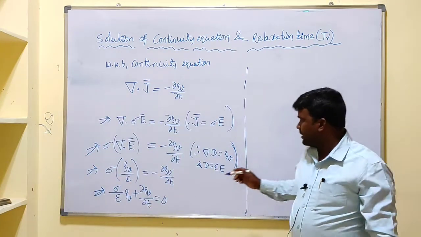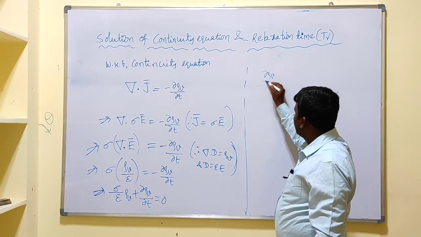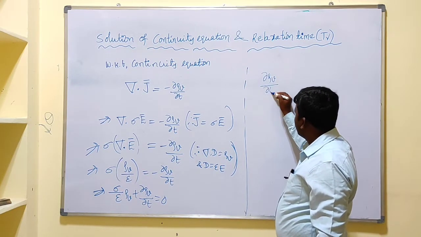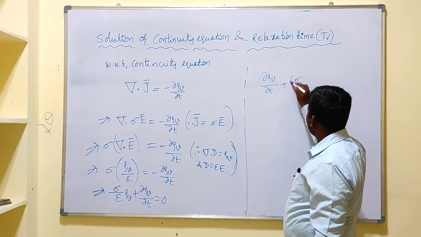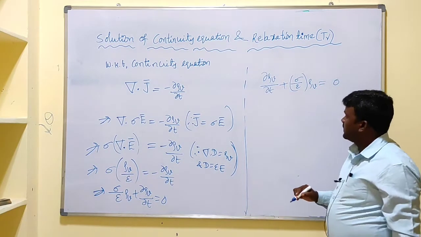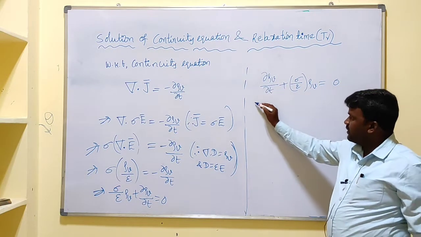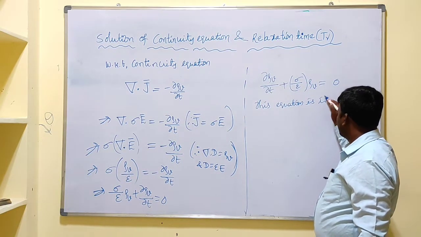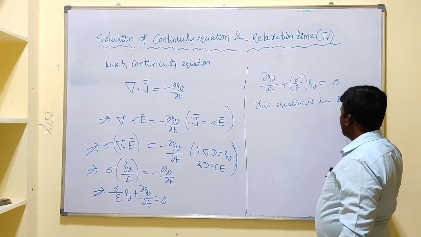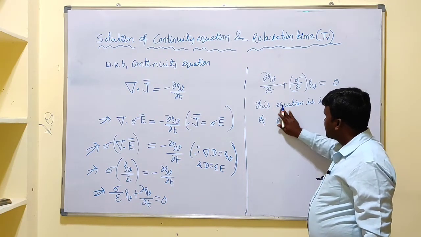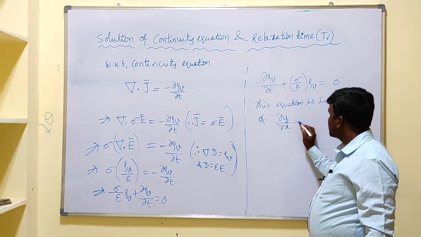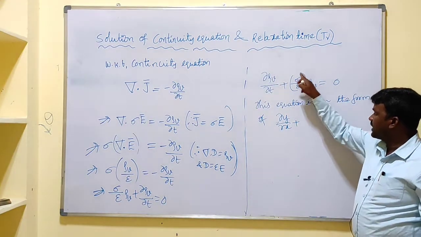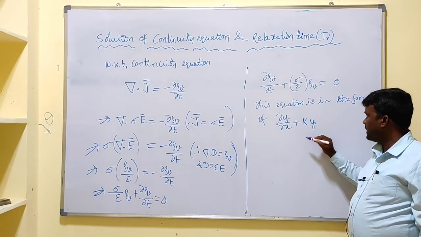Now let us write the equation like this: dou rho v by dou t plus sigma by epsilon into rho v equals 0.